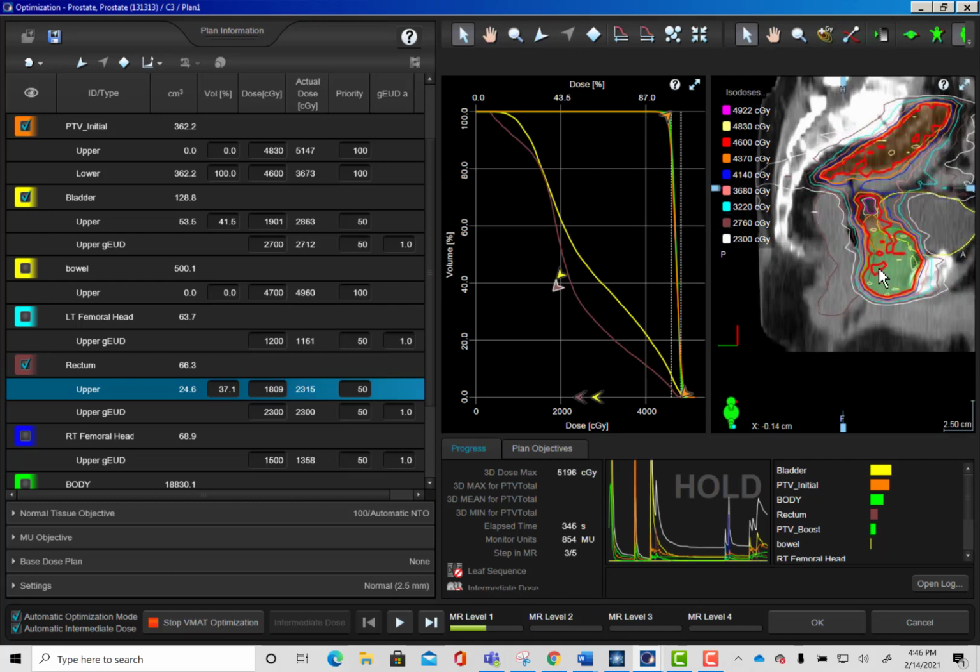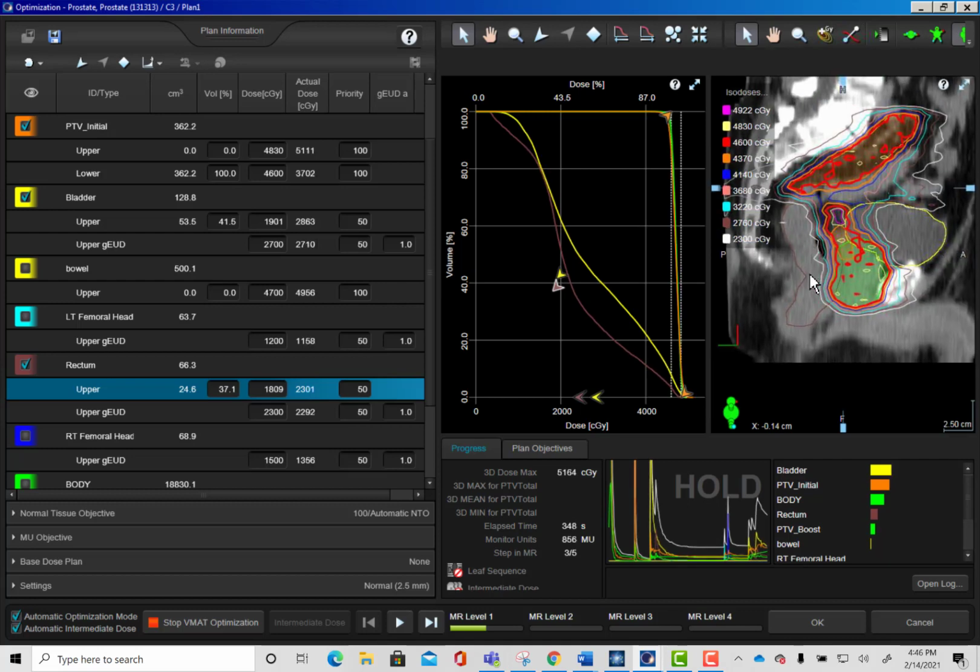See if we look at the sagittal now, that 50% line is definitely getting pretty tight along our PTV. It's out of that rectum, same thing out of this bladder over here.